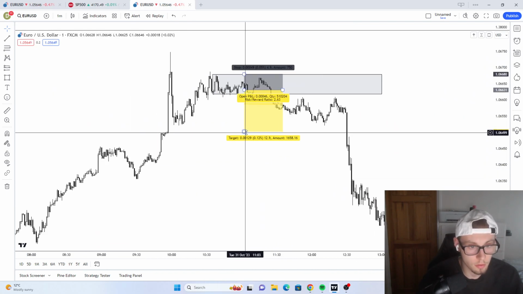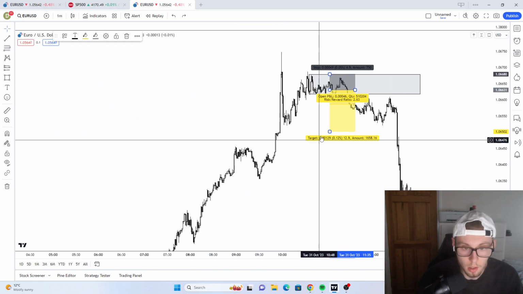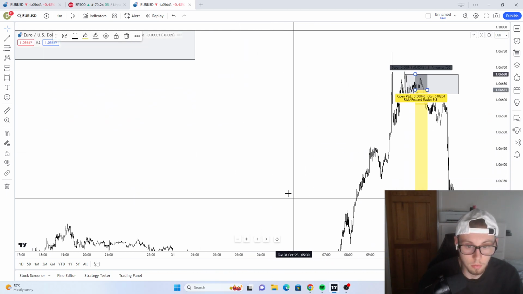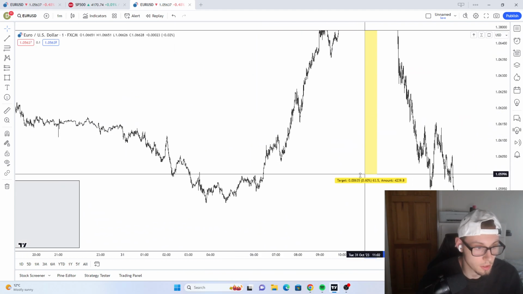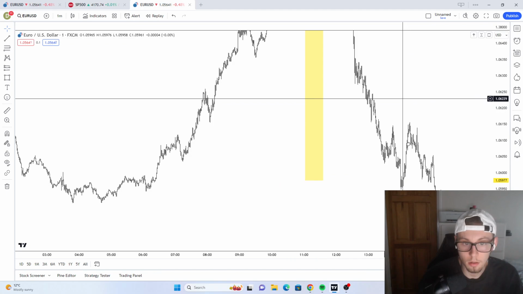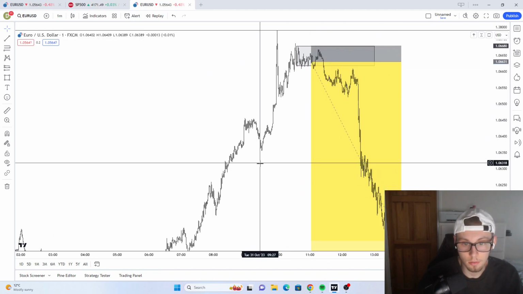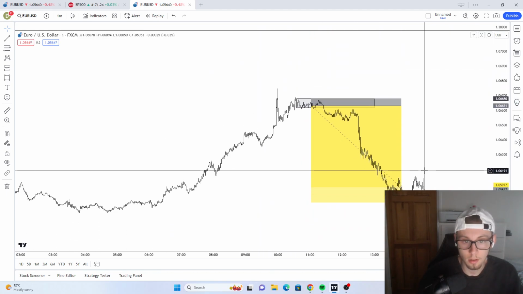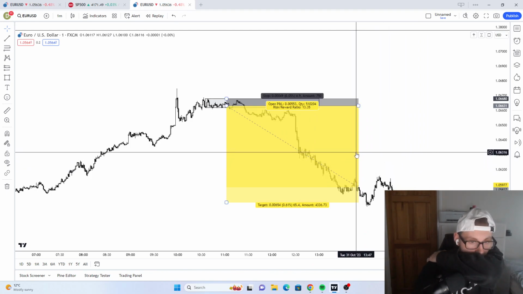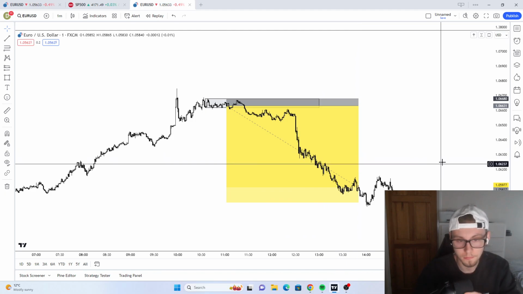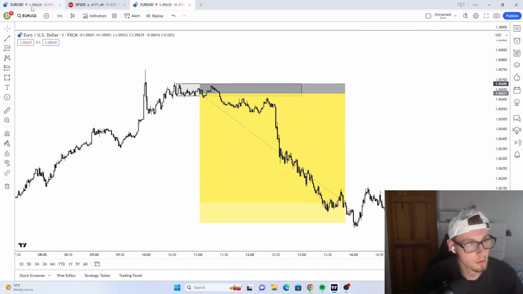But when you take an entry from here, and you take the price right down into these deep zones where this box is, and you hit something ridiculous like a 13R, that's when it gets good.